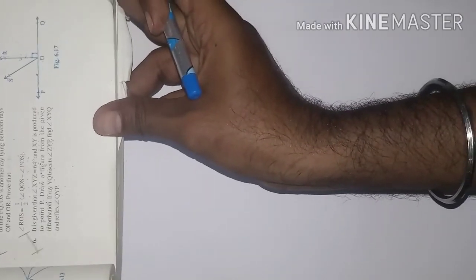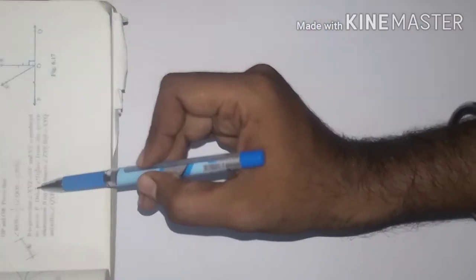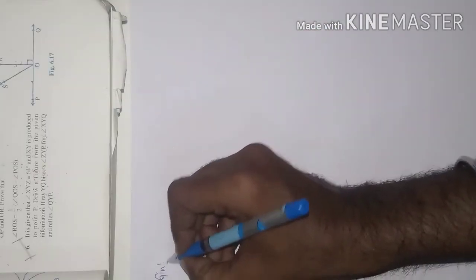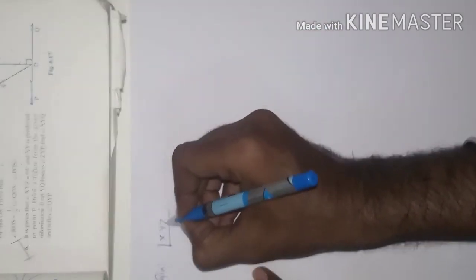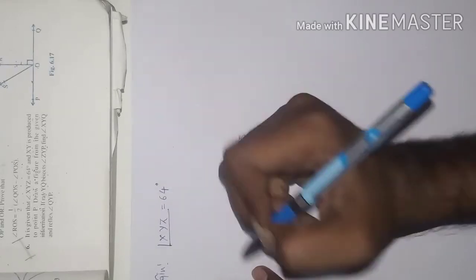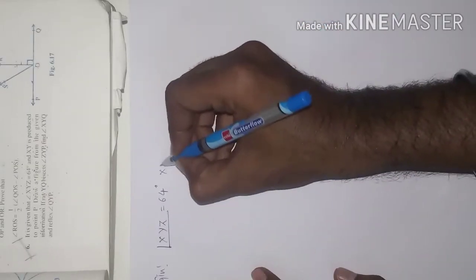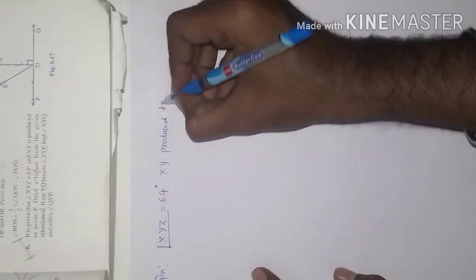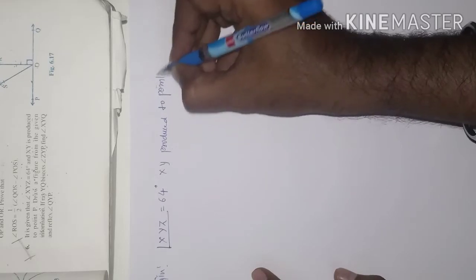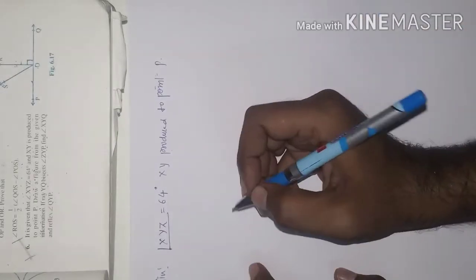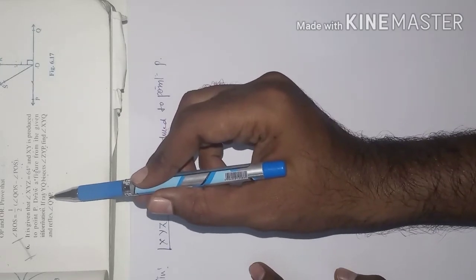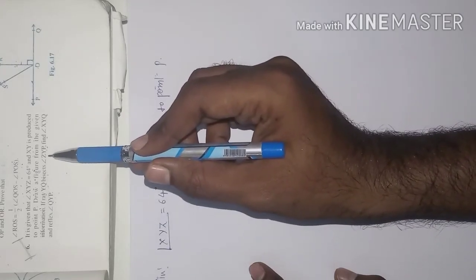It is given that angle XYZ is equal to 64 degree. Given part, angle XYZ is equal to 64 degree and XY is produced to point P. Okay, and they are saying that there is a ray YQ which bisects angle ZYP.